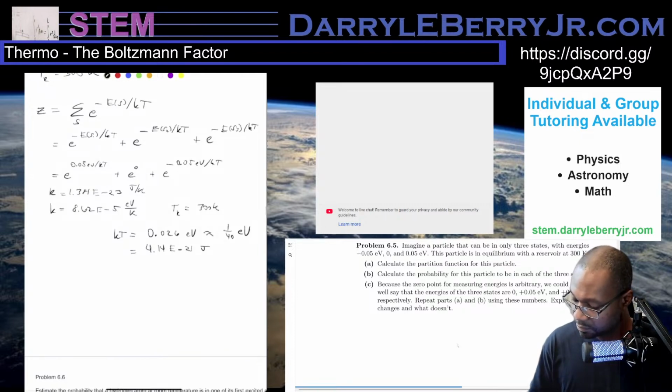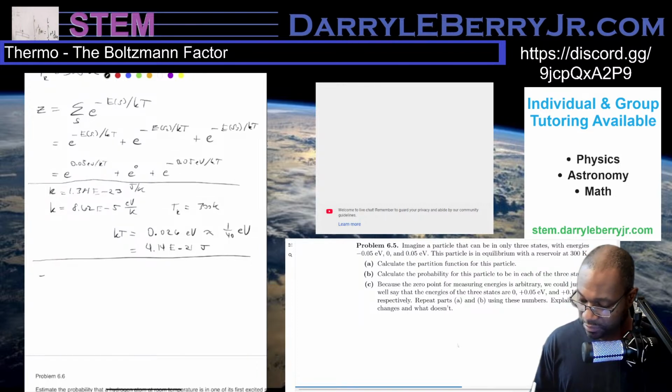So that's going to equal e to the 0.05 electron volts divided by 0.026 electron volts, plus 1, plus 1 divided by e to the 0.05 electron volts divided by 0.026 electron volts.